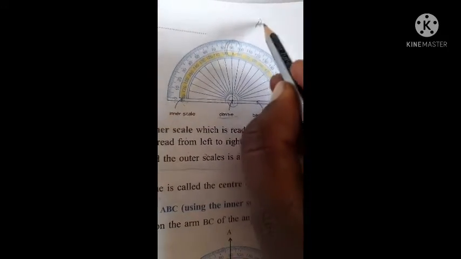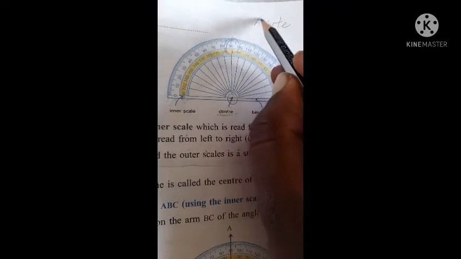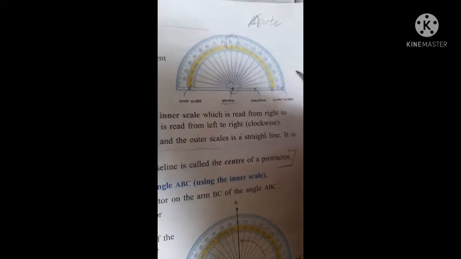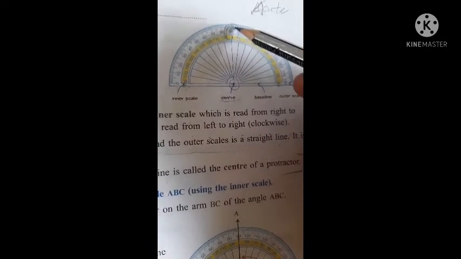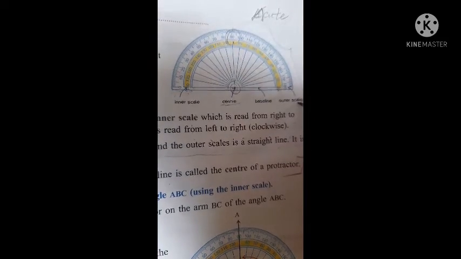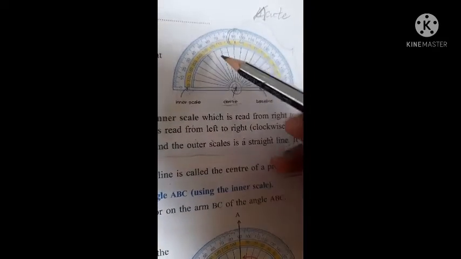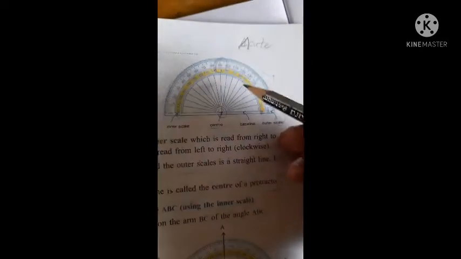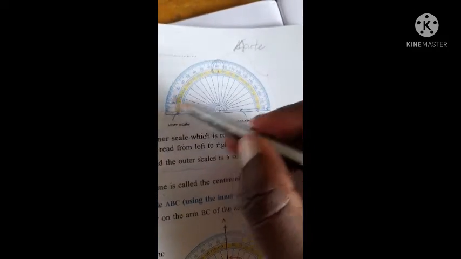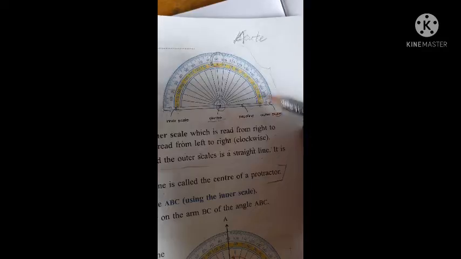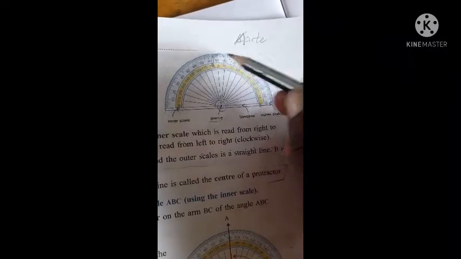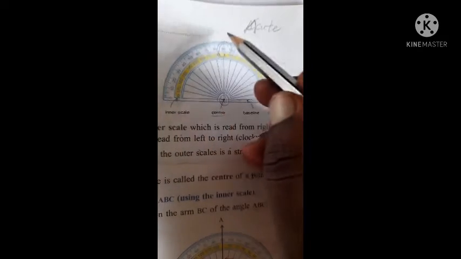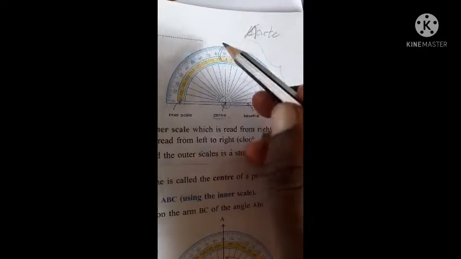Next, we are going to see the acute angle, A-C-U-T-E, acute. An acute angle means it measures less than 90 degrees. You can see this side or this side. When you are seeing this side, you must see the outer scale 0 to 90.